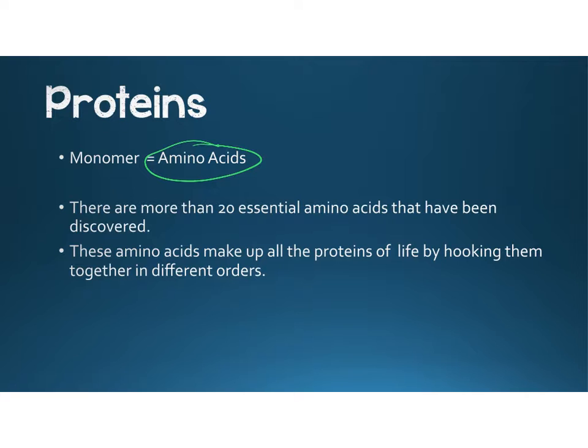Some of these amino acids can be built by your body. The others cannot, and they have to be taken in through your diet. That's why protein is an essential part of a balanced diet: you have to take in protein so that you get those amino acids your body can't build on its own. Those amino acids are hooked together to make the proteins of life.